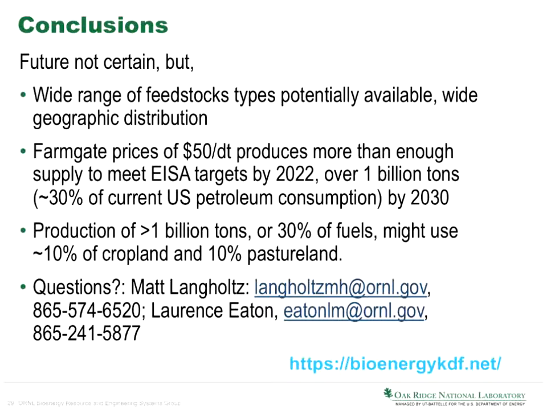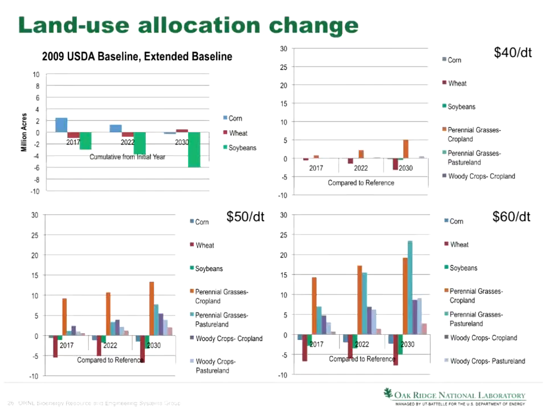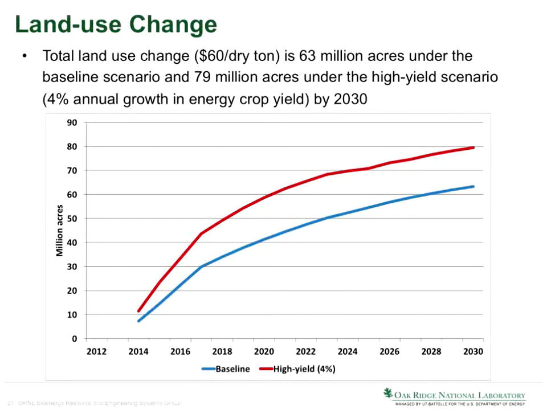Thanks, Matt and Lawrence, for a great presentation. I did keep track of some of the questions that people put into the chat window earlier. It goes back to your slide on the baseline scenario summary. You're projecting the allocations for energy crops and forest land.